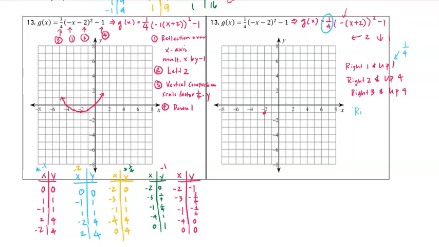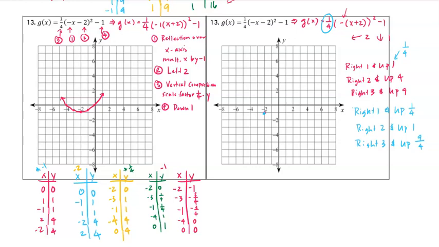So it's going to be, here we go with Leo, right 1 and up 1/4, and right or left 2 and up 1, and then right 3 and up 9/4. What's 9/4? 2.25? Yeah, 2.25. So let's go ahead and do that from the vertex.